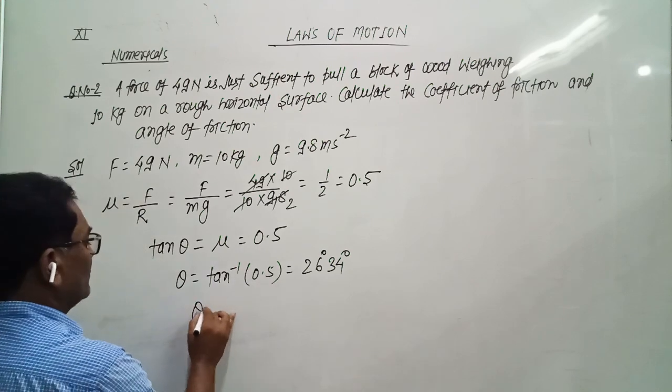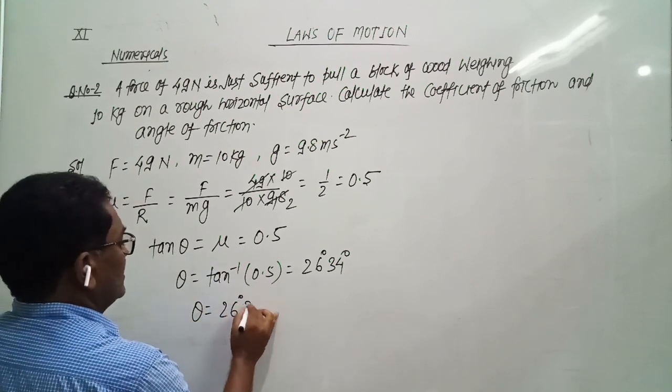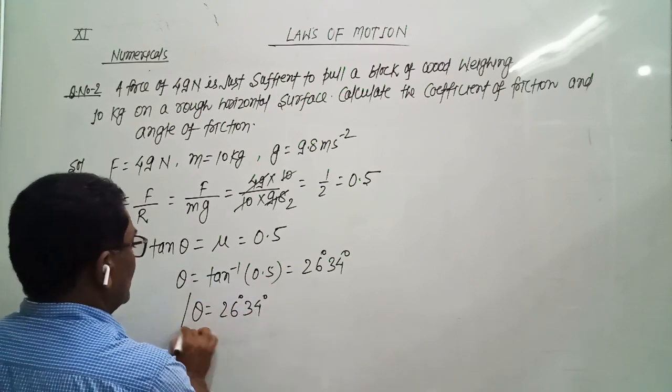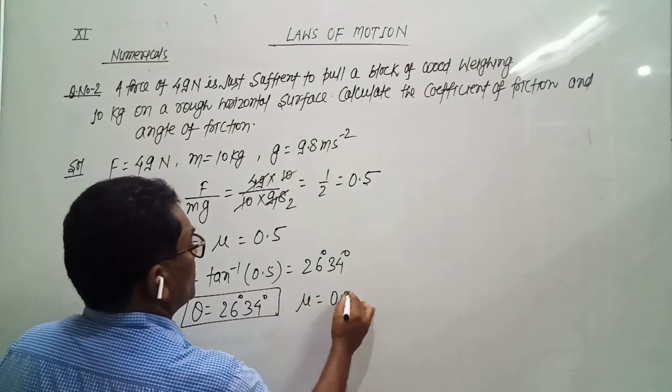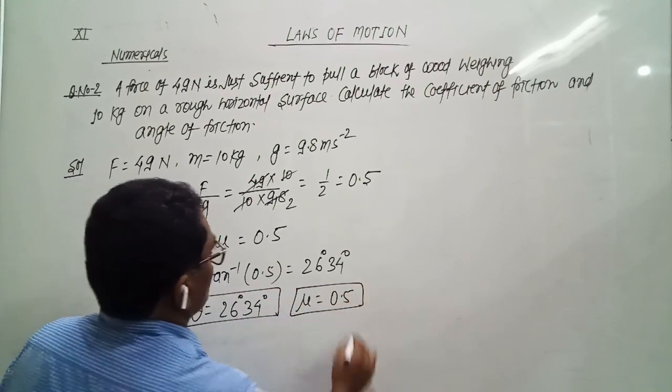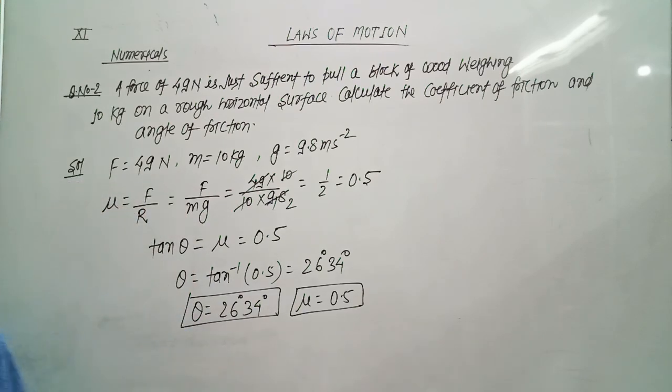So the angle of friction theta is 26 degrees 34 minutes, and the coefficient of friction mu is 0.5. So we get the values of the coefficient of friction mu and the angle of friction theta.